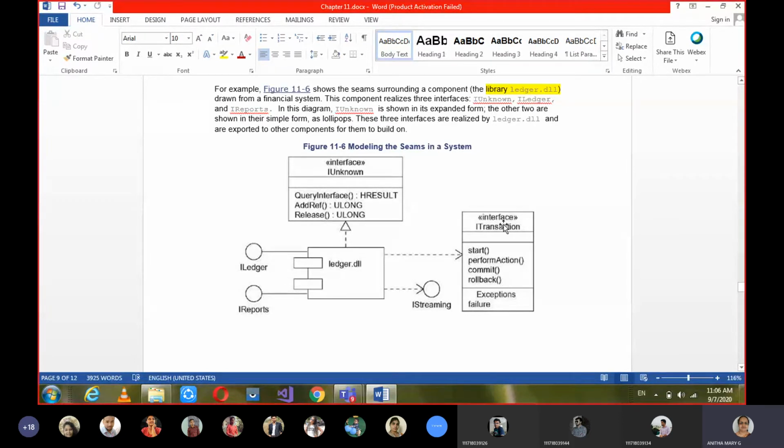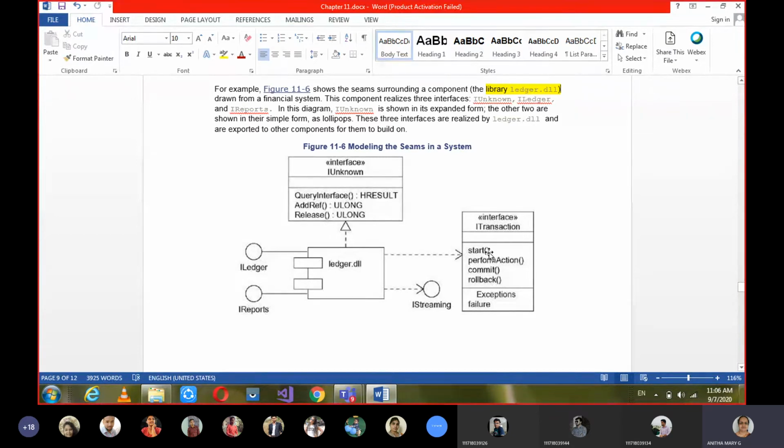Why? Because the transaction interface is the one used when they want to work on this ledger. Just imagine the maintenance of taking a book and returning a book. Those are maintained in a soft copy or in some automated system of the library.